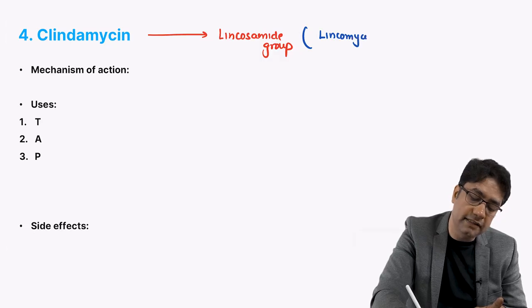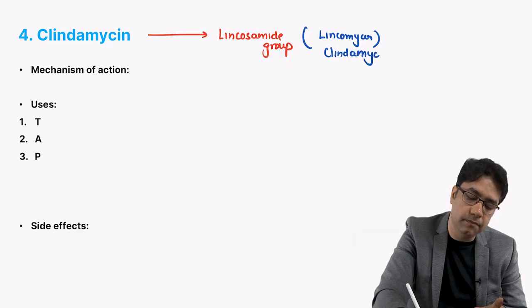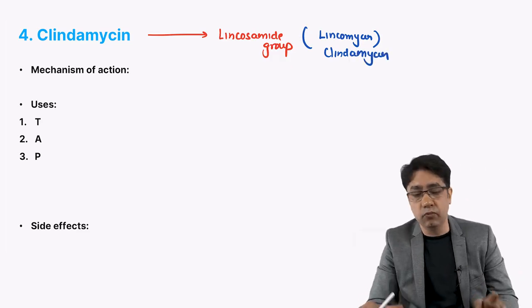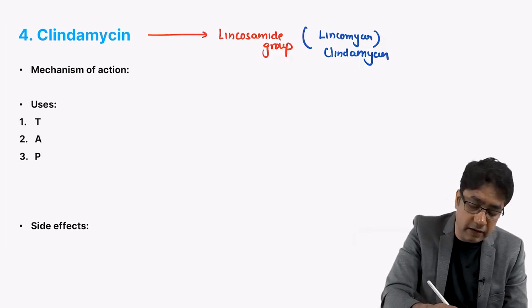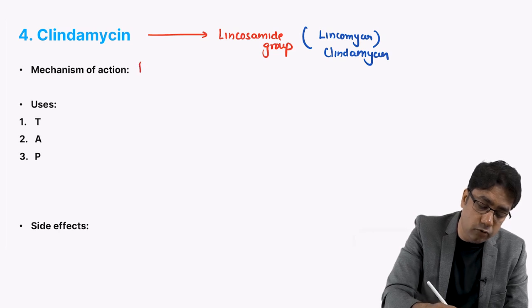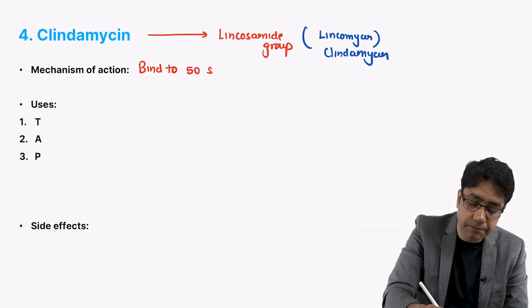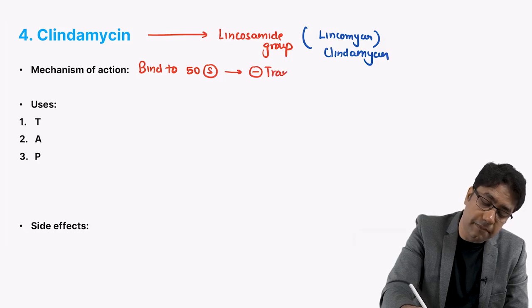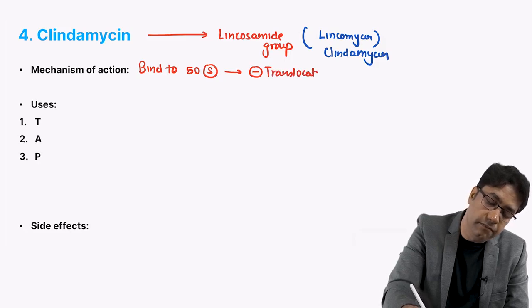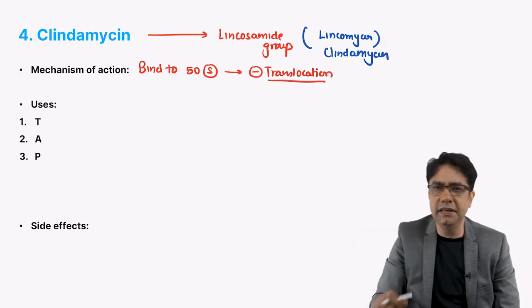So lincomycin and clindamycin are 2 antibiotics in this group. So let's see what was the mechanism of action of clindamycin. Same like macrolide, they also bind to 50S ribosome, and it also inhibits translocation of amino acid from A site to P site.